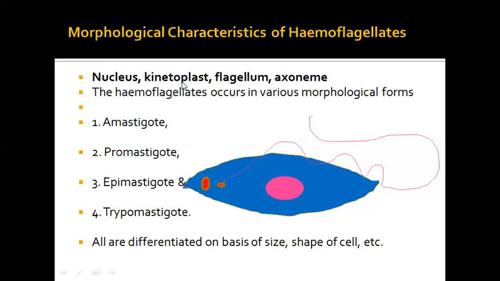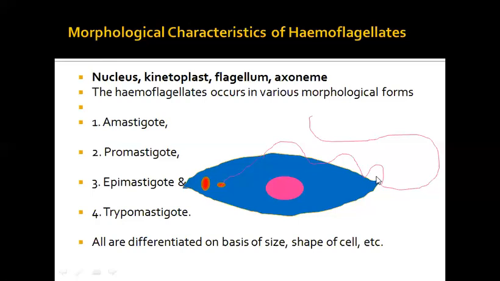This kinetoplast consists of a deep staining body called the parabasal body, and adjacent to this parabasal body is a dot-like structure which is called the blepharoblast. So this parabasal body and the blepharoblast together make the kinetoplast.